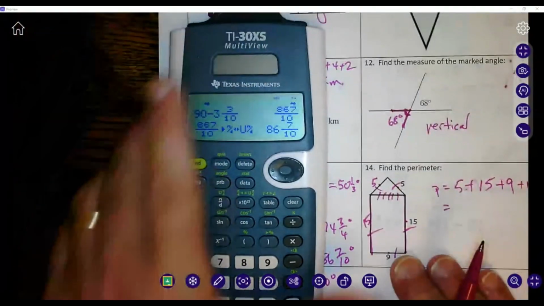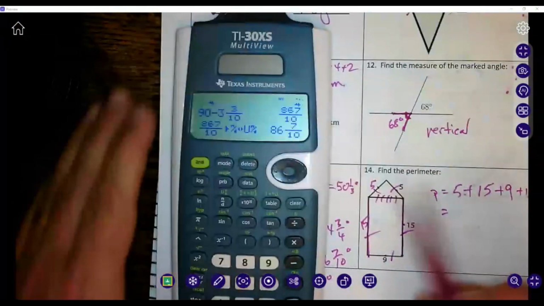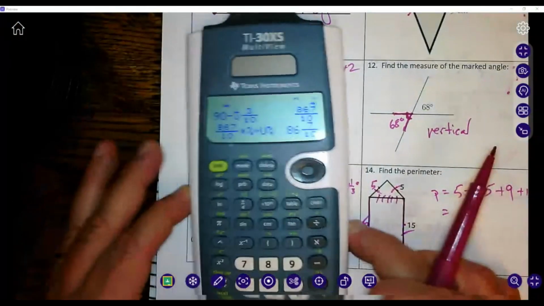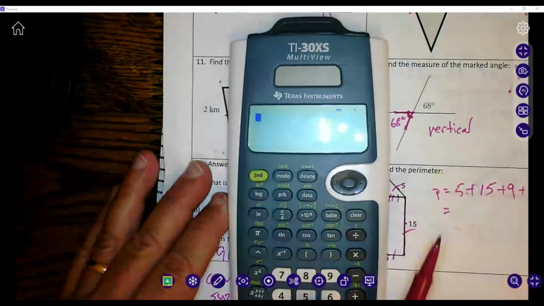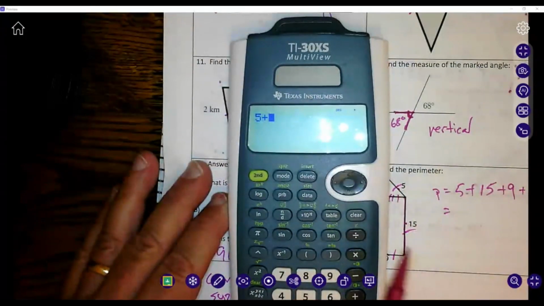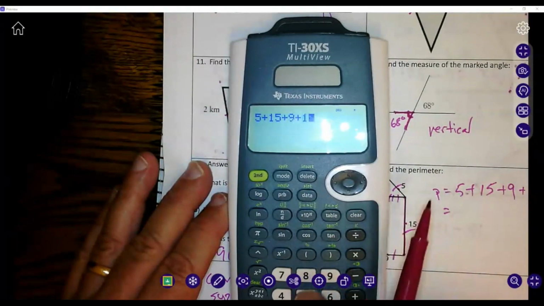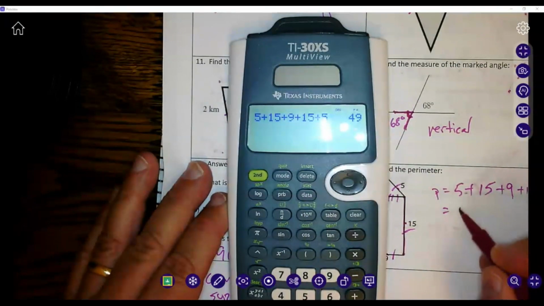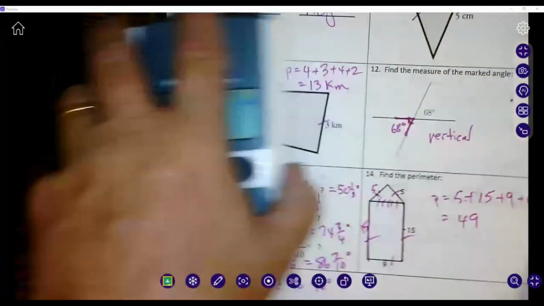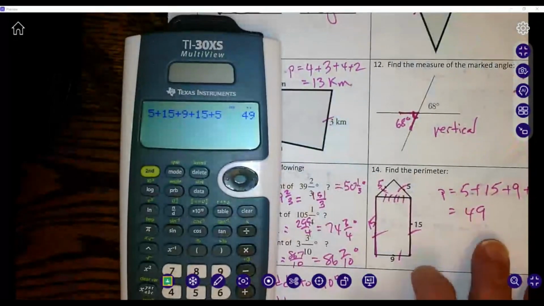And so when I add 1, 2, 3, 4, 5 sides together, 5 plus 15 plus 9 plus 15 plus 5, we get 49. No units are given, so we don't need any units in the answer.